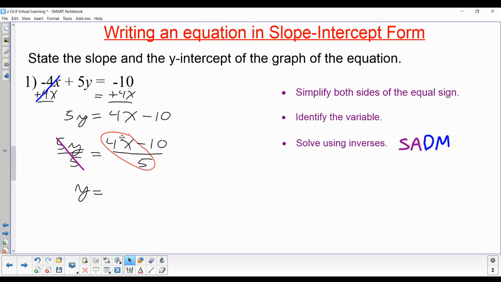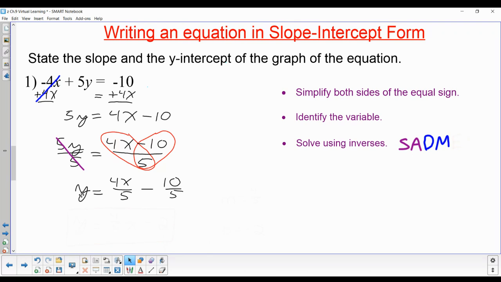I'm going to separate the 4x over 5 from the minus 10 over 5 and write them as two separate fractions. I'm allowed to do this because think about when you add fractions. If I was going to add or subtract these two fractions, you would add or subtract the numerator, 4x minus 10, and your denominator, 5, would stay the same. So you're literally just splitting up the numerator and keeping your denominator.